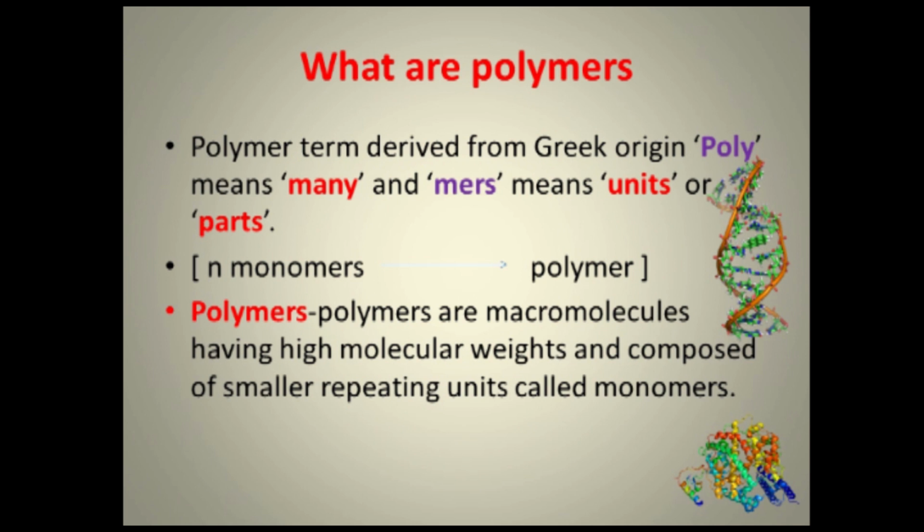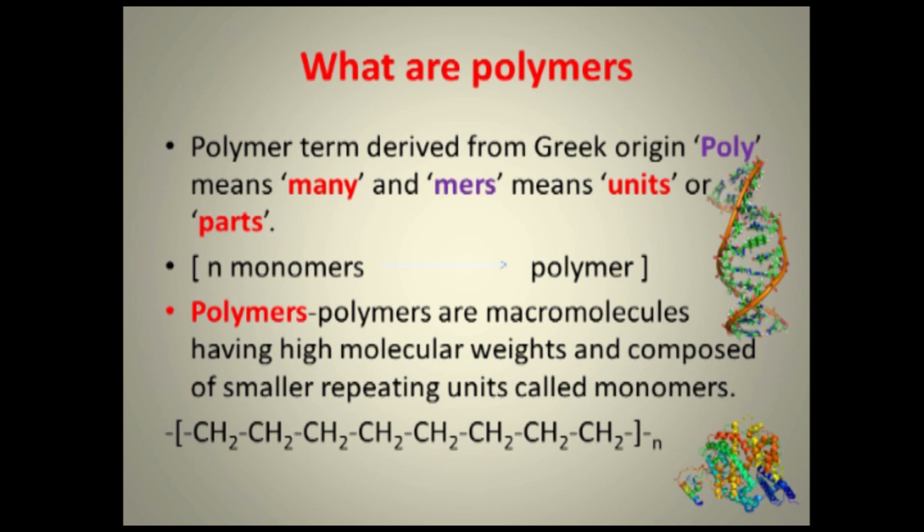These terms will help you define polymers. Here is one example of a polymer: polyethylene, and its formation takes place by the participation of n number of monomers of ethene.